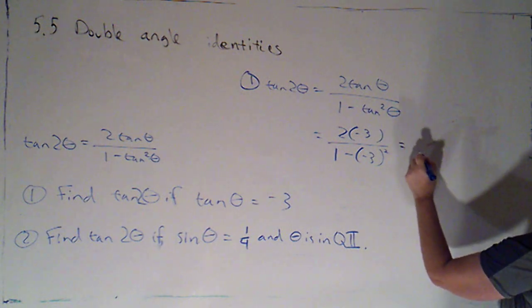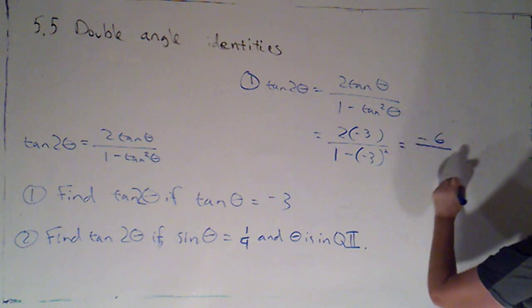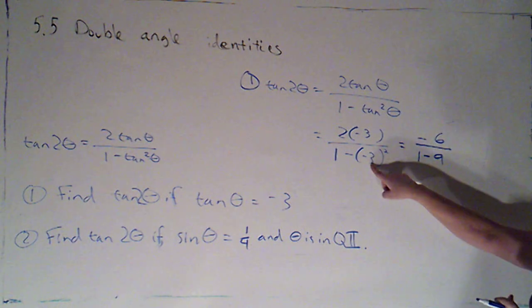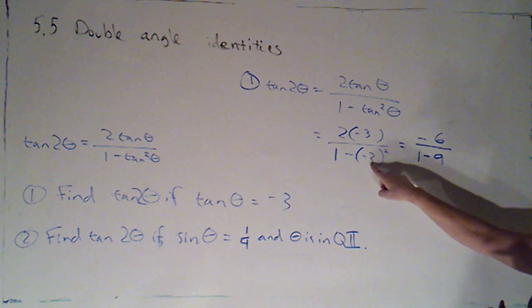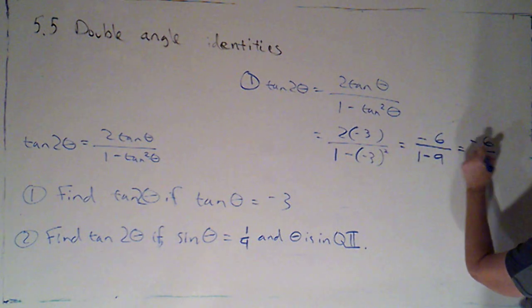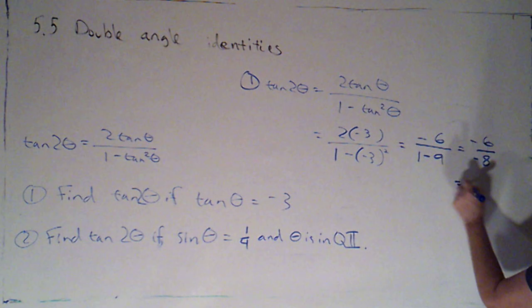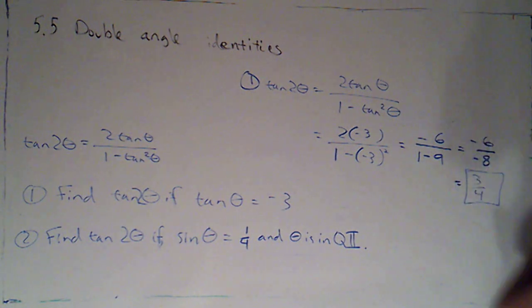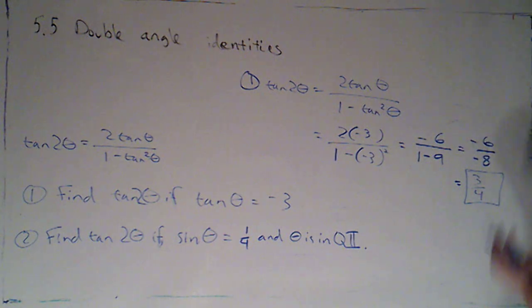So that's going to be negative 6 over 1 minus 9. So negative 3 squared becomes positive 9, but I'm still subtracting that. So that's negative 6 over negative 8. The negatives will cancel, and that reduces to 3/4. Excellent. Not too bad.